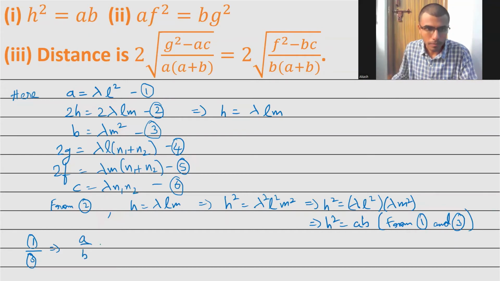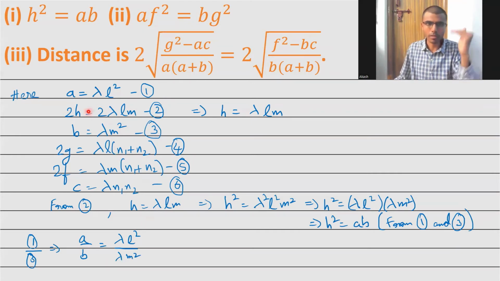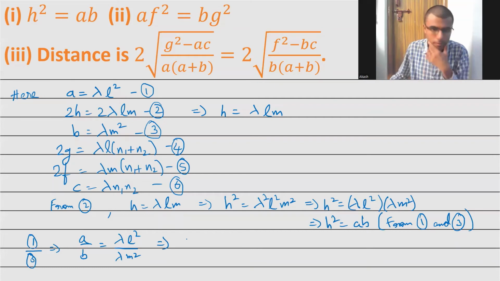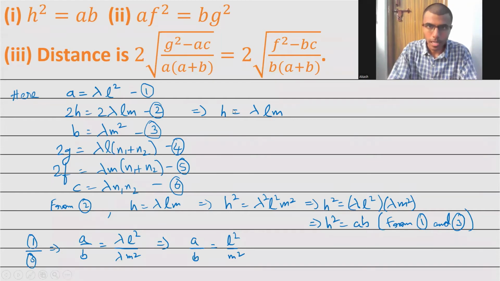I've not done anything much, I've just divided both the equations. LHS gets divided and RHS also gets divided. Now this implies that A by B is equal to L square by m square.